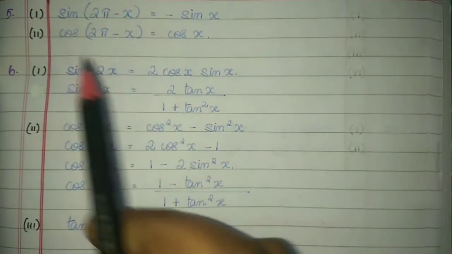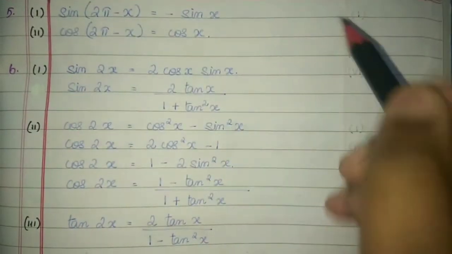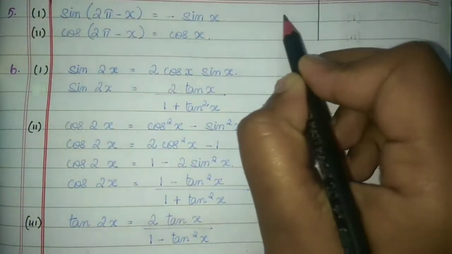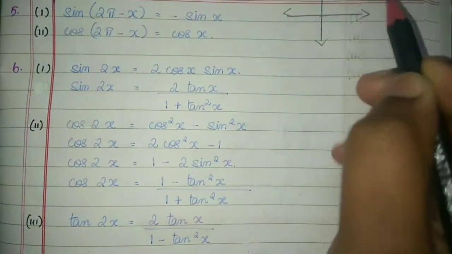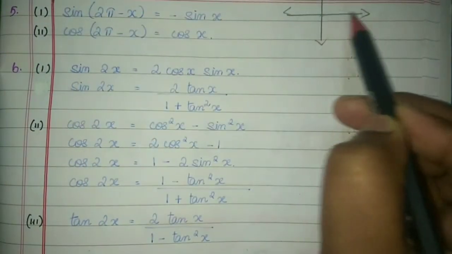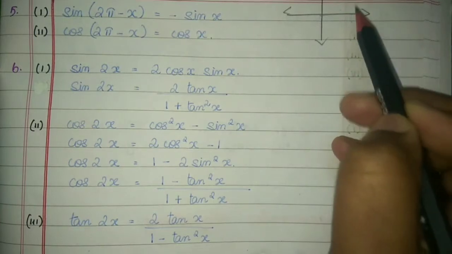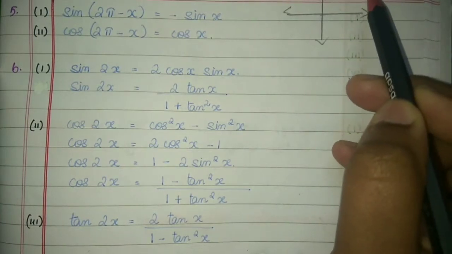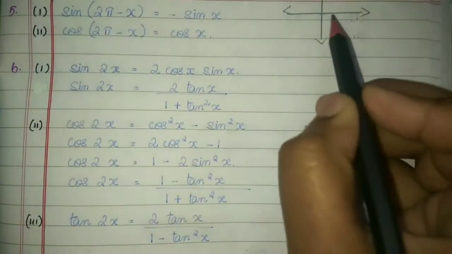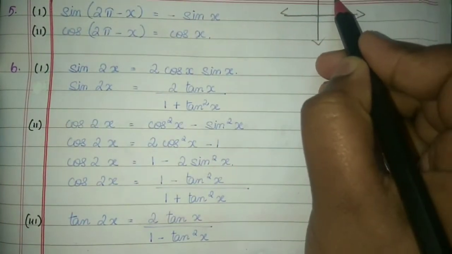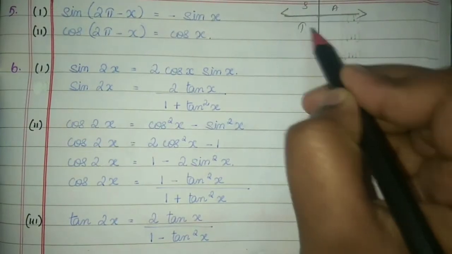Now let us move on to the fifth set of formulas, that is with 2 pi, that is 360 degrees. We can't add with 2 pi, since it will again be more than that, so we need not do all those. Here 2 pi minus x alone is given. Remember again, all silver tea cups.